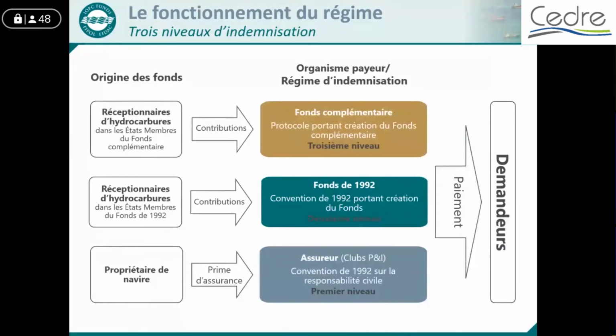If it so happens that the ship owner's funds are not sufficient to cover the severity of the accident and the effects, then the 1992 fund, according to the convention, takes over, and that fund is supplemented by or fed by the oil receivers.